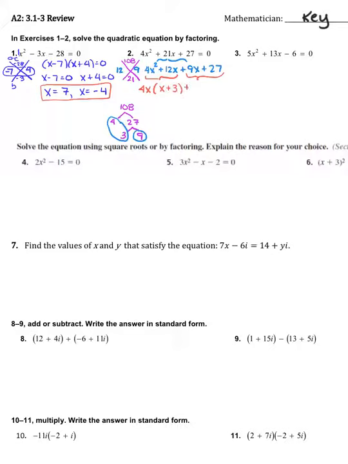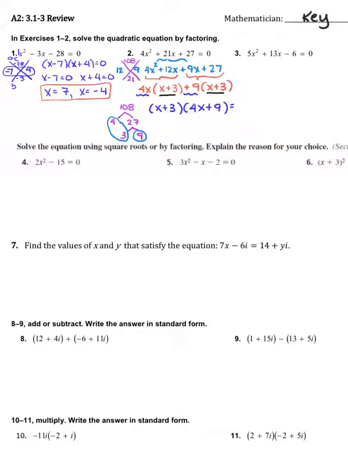And on the other side, what's common to 9x and 27 is 9. Notice I also have x plus 3. 100% of the time, these two should be the same factor. So now I can pull that factor out, and what's left behind gets put into its own parenthesis.